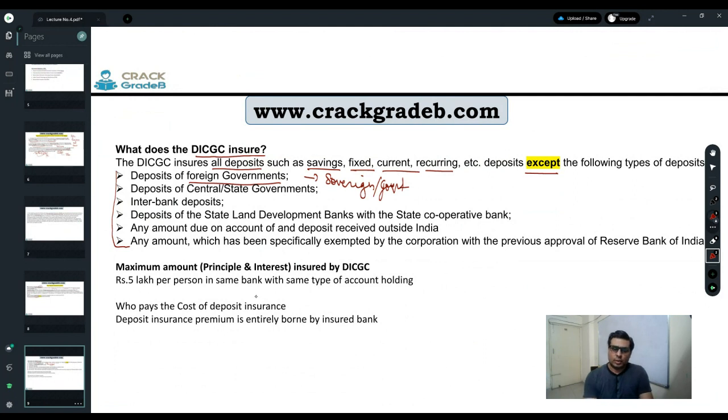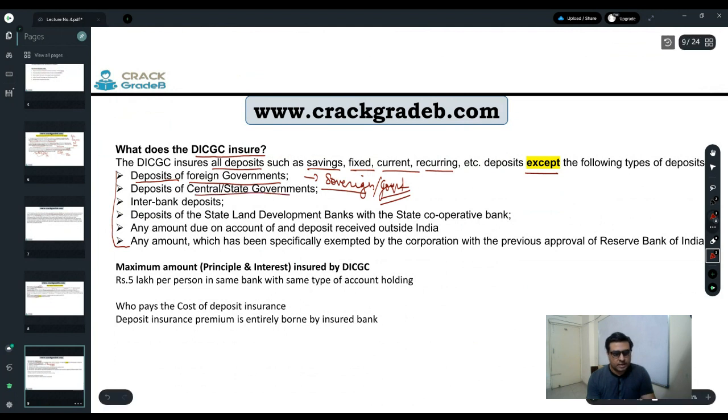This is why the word sovereign is used for government. Sovereign guarantee, a lot of things regarding sovereign we will discuss, but here now focus: deposits of foreign governments have the sovereign guarantee given by that particular country's government, right? So there is no need to insure, because it is already covered by the government.